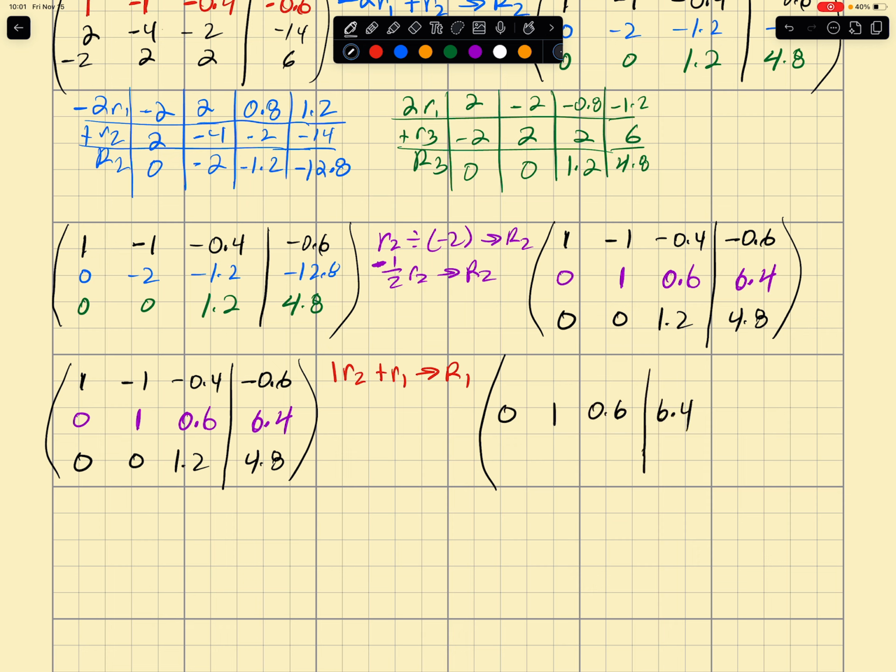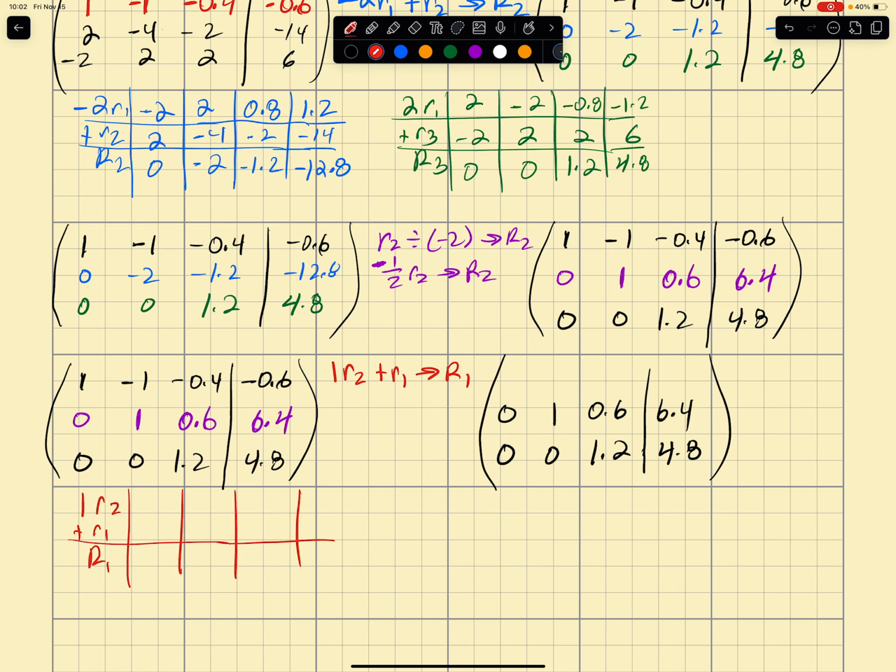And row 3, if I can talk today, row 3 is going to stay as is. Okay, so 1 row 2 plus row 1 replaces row 1. So row 2 times 1 is just going to be 0, 1, 0.6, 6.4.